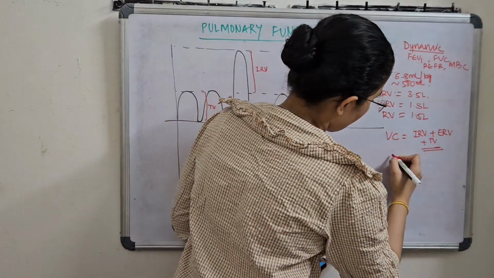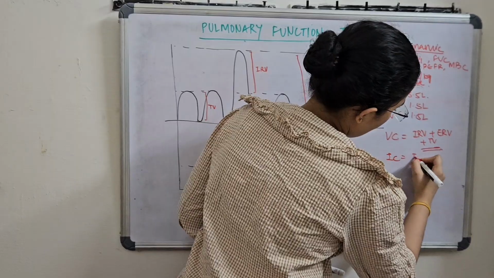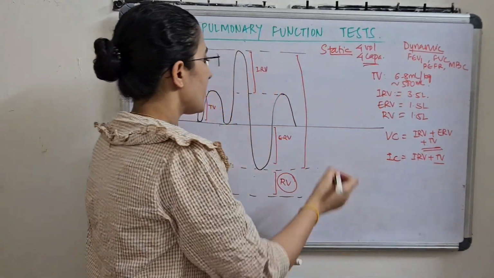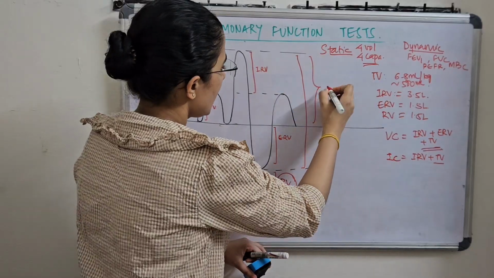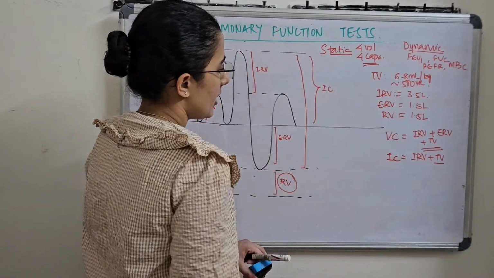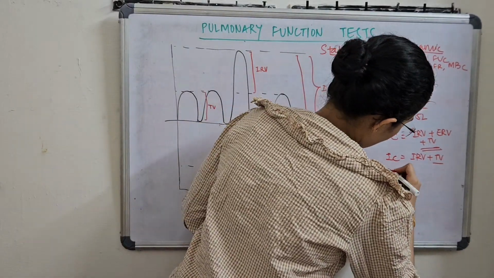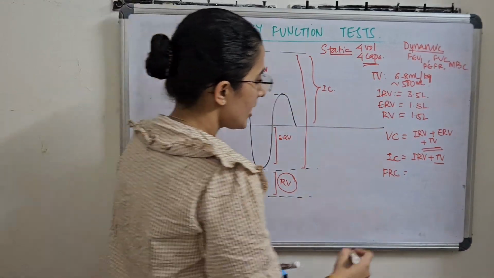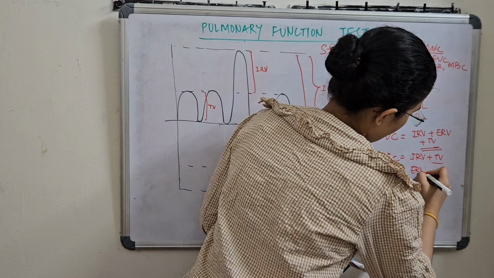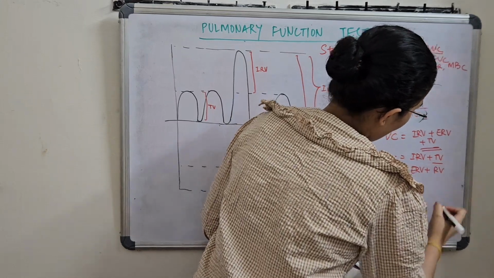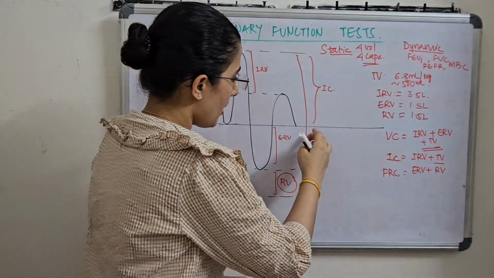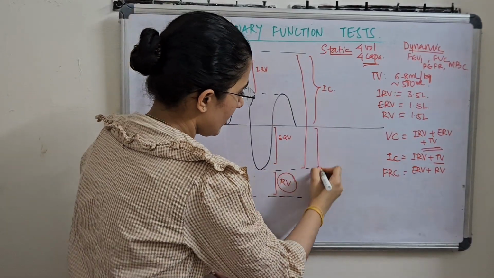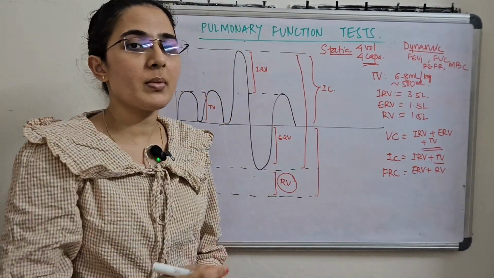Another kind of capacity is the inspiratory capacity. Inspiratory capacity is nothing but inspiratory reserve volume along with the tidal volume. Next comes the functional residual capacity. Functional residual capacity is the expiratory reserve volume with residual volume, that is the amount of air present in the lungs at the end of a tidal expiration.